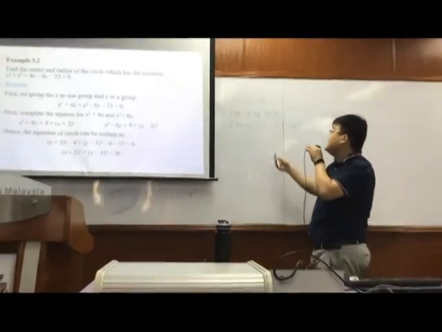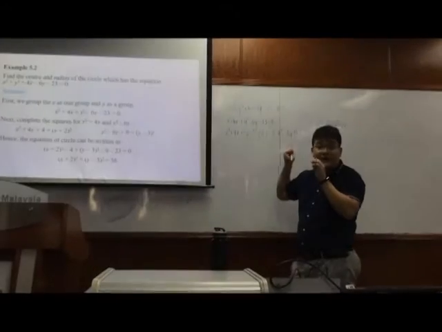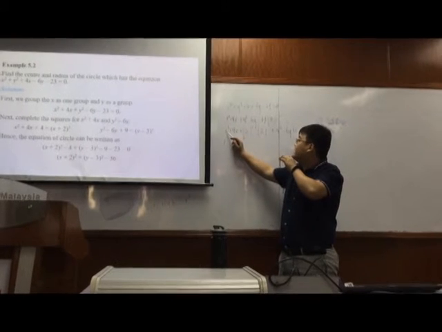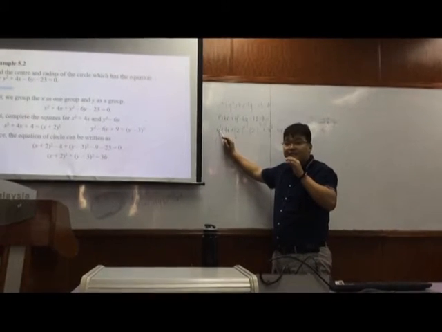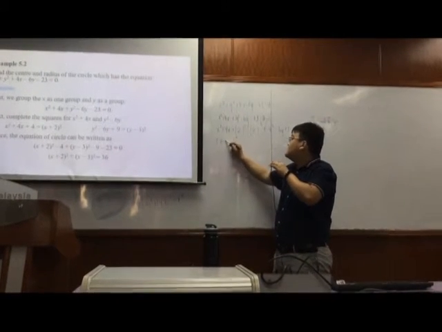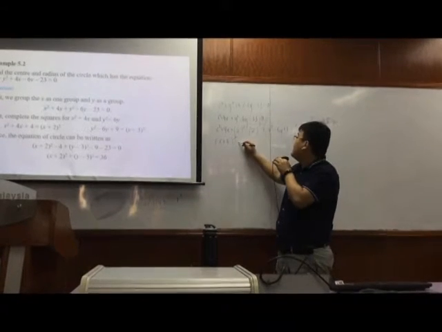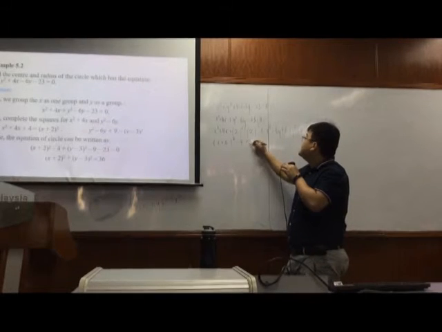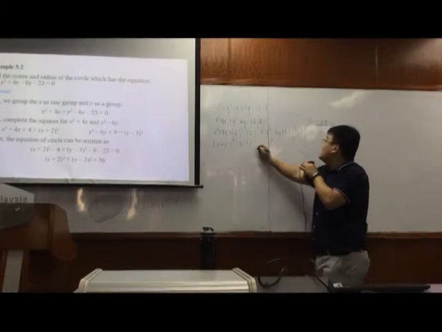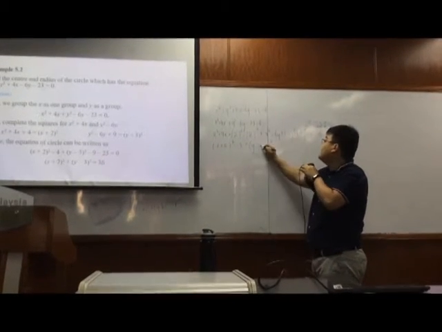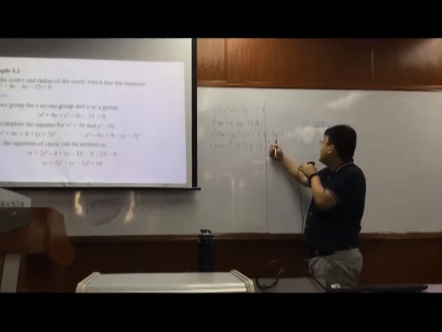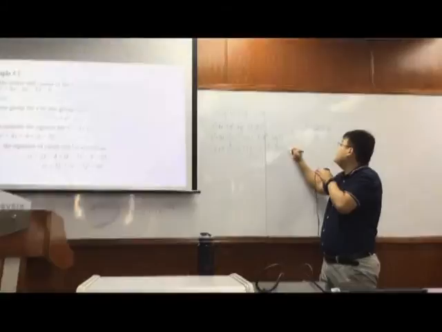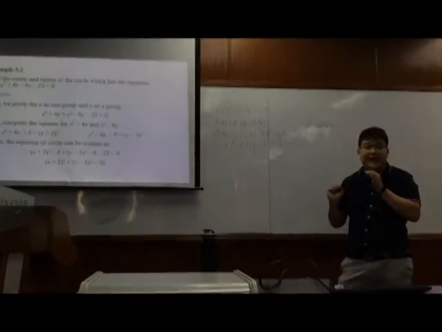Next, we simplify this term and this term together. So this term becomes something squared. We take the coefficient, so x plus 2 squared, minus 2 squared equals 4, plus also something squared, y minus 3 squared, minus negative 3 squared equals 9, minus 23 equals 0.